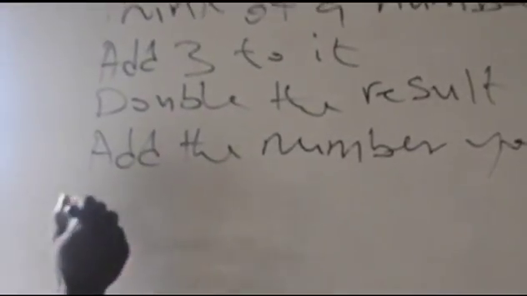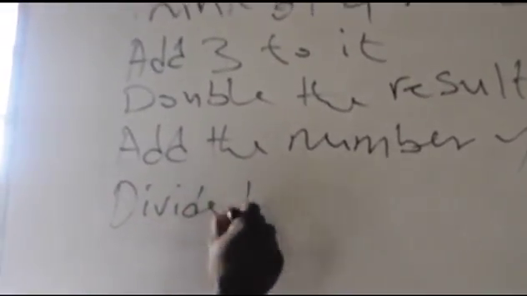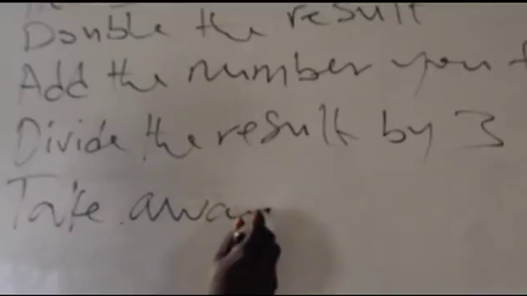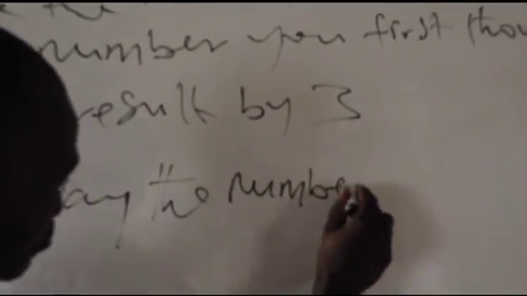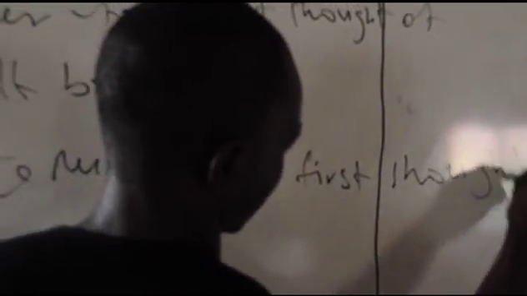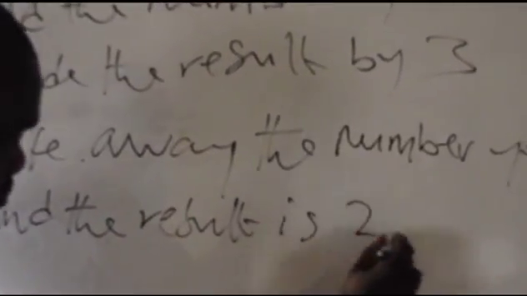Divide the result by 3. Take away the number you first thought of. And the result is 2. Then why?